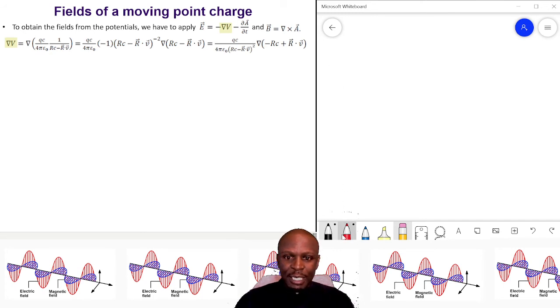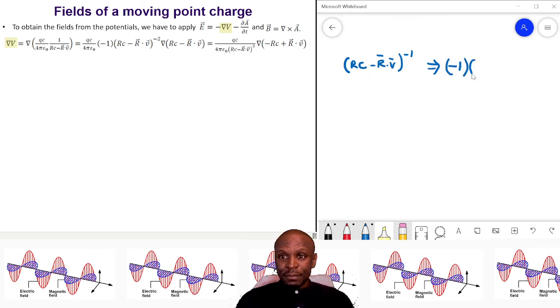I'm going to take that term to be a numerator. When I take it up, it's just going to be Rc minus R vector dot V to the power minus 1. If I differentiate this, this is just going to give me minus 1. But for the same term here, Rc minus R vector dot V, I'm going to have minus 2.